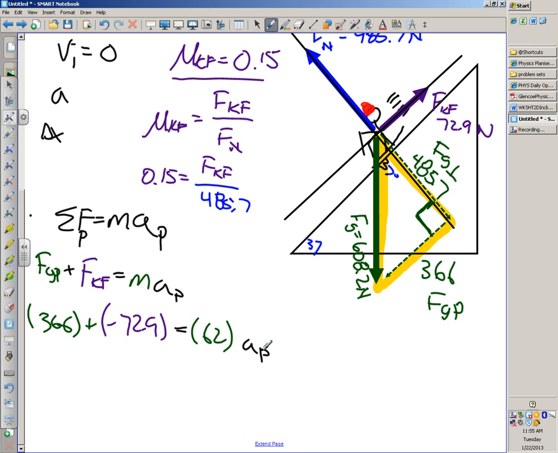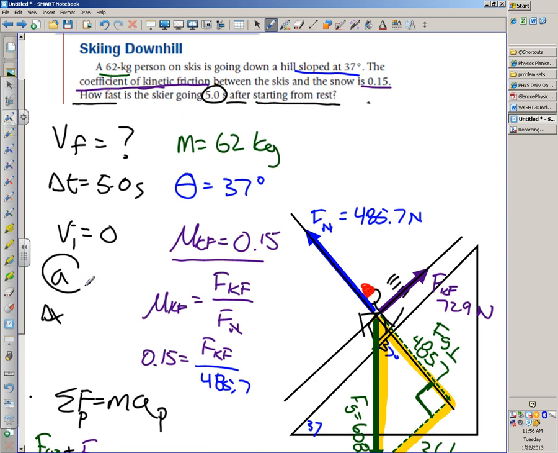Bell's going to ring, but once you find the acceleration, what are you going to do? Bring it up here and solve the kinematic equation for V final. Like I said, deep end, but nothing that we've ever done before is put it all together. Tomorrow we're back on lab, looking more at some of these things as far as the parallel and perpendicular components and all that good stuff, right? Shannon?